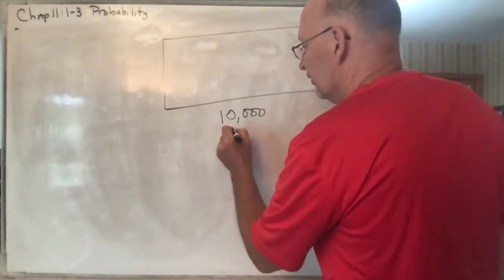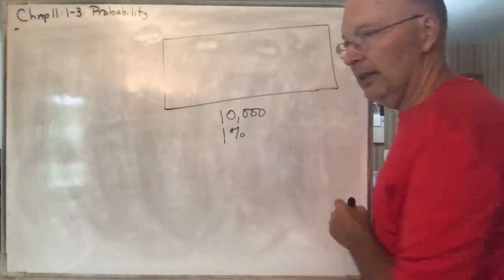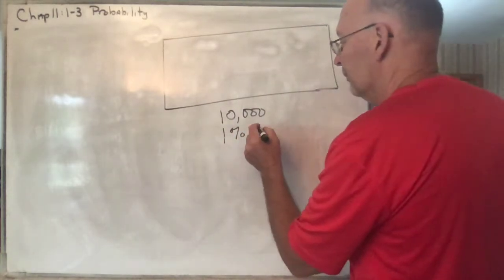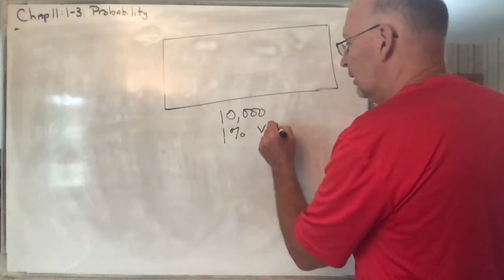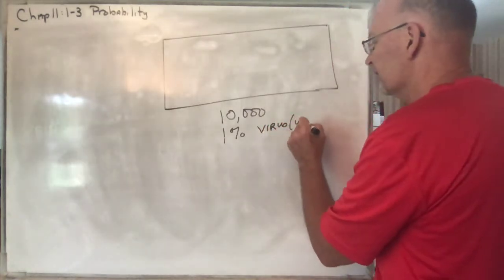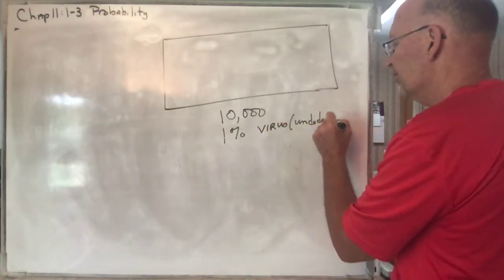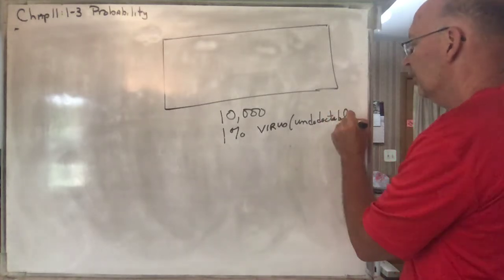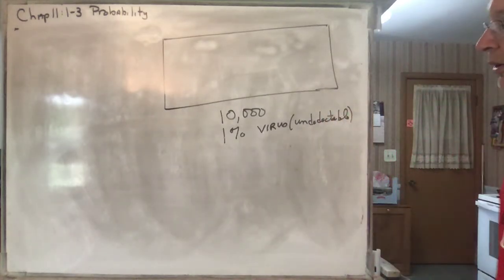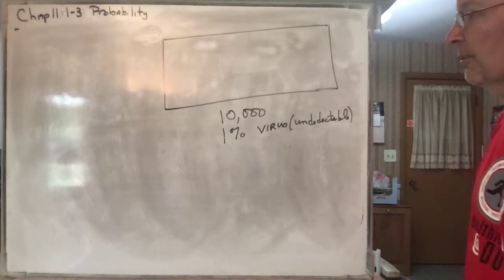And 1% of these people have some sort of a virus, and it's undetectable unless you take a test. Otherwise, they don't know that they have it. Okay? 1% have a virus.